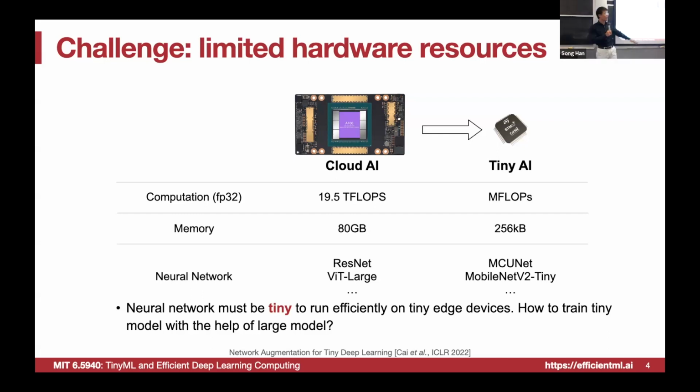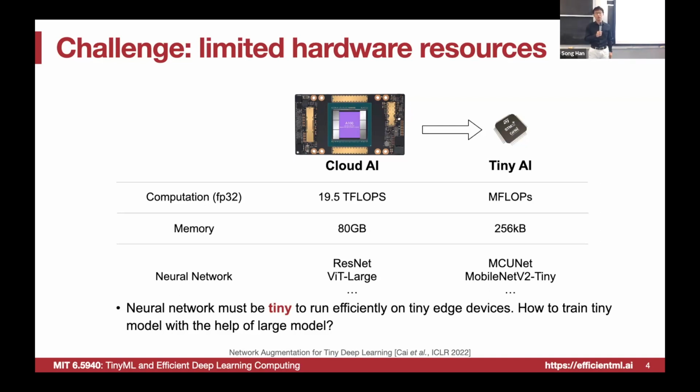This is a bit outdated: several hundred TOPS per second versus million FLOPS per second, from tens of gigabytes to only a few hundred kilobytes. From ResNet, ViT, to MCUNet, MobileNet to tiny. So neural networks have to be small to fit these edge devices.